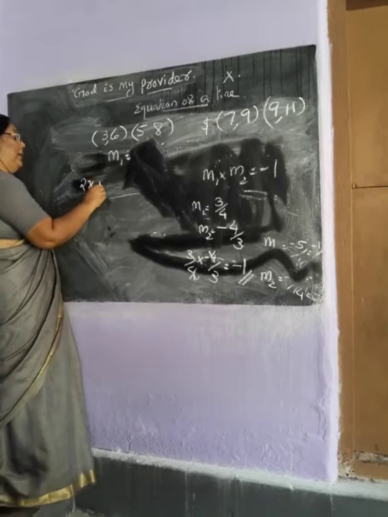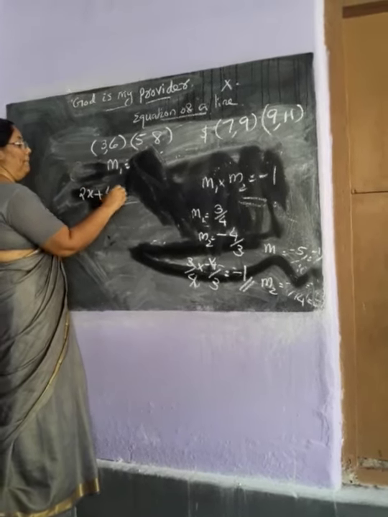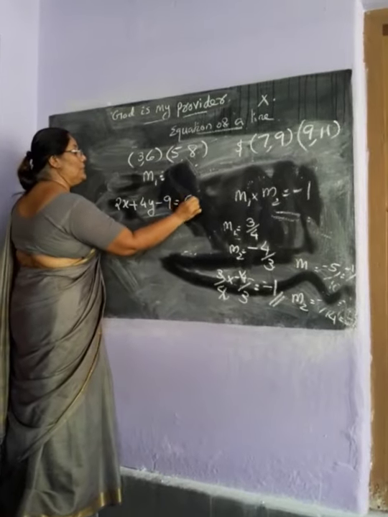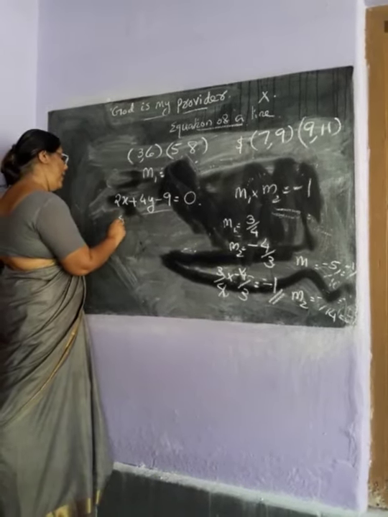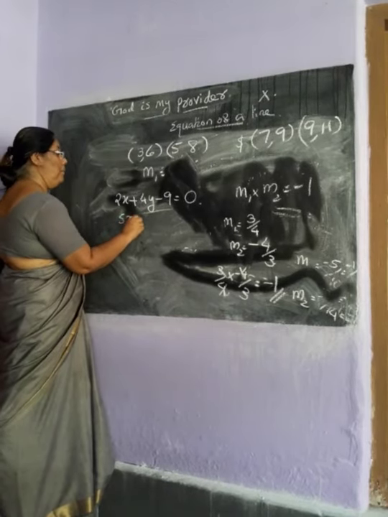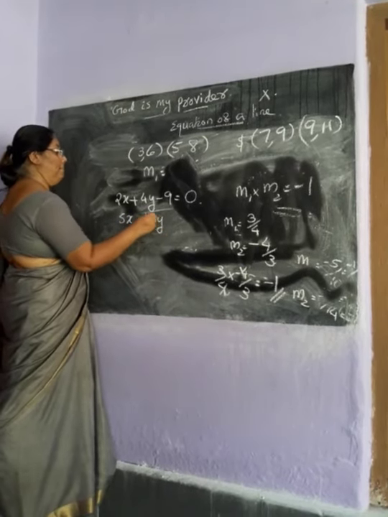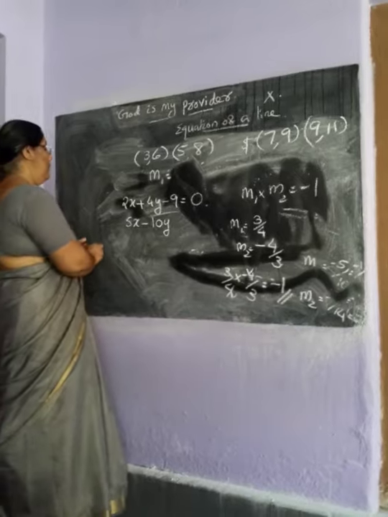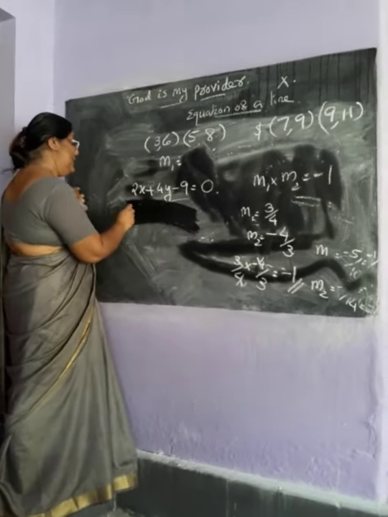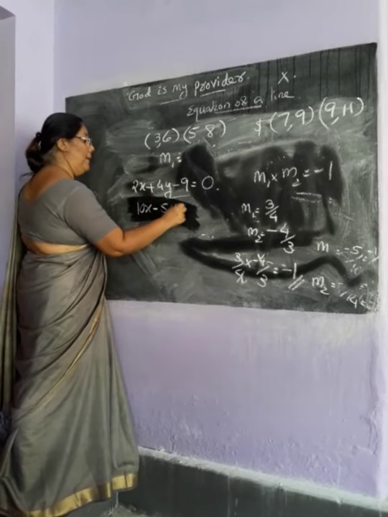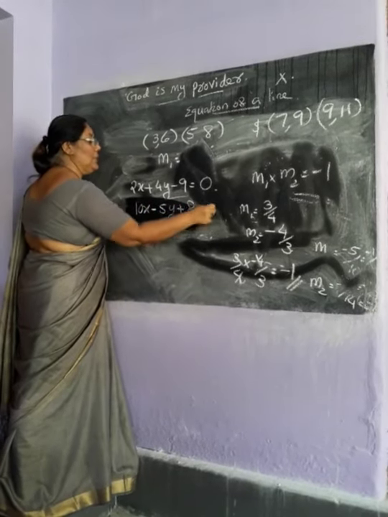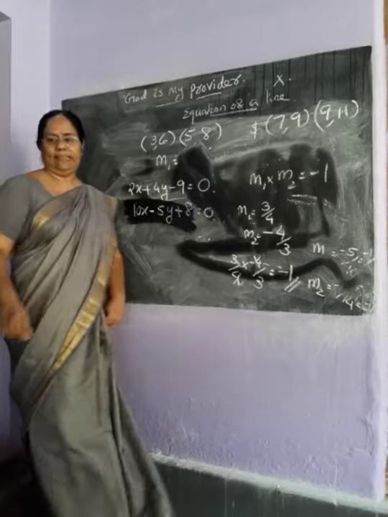2x plus 4y minus 9 equal to 0, and 10x minus 5y plus 8 equal to 0. You can check that.